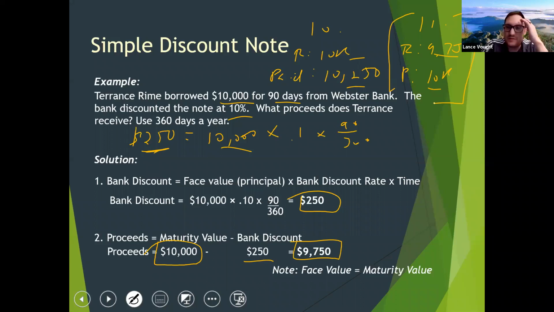And the premium is that if you take the amount you're paying in interest, which they've deducted, and divide that by the amount of money that you receive, then the actual interest rate is going to be higher than this one. And I'll show you in a second.